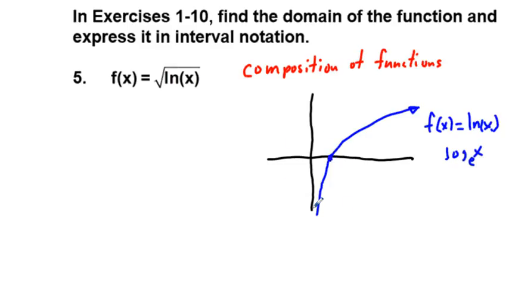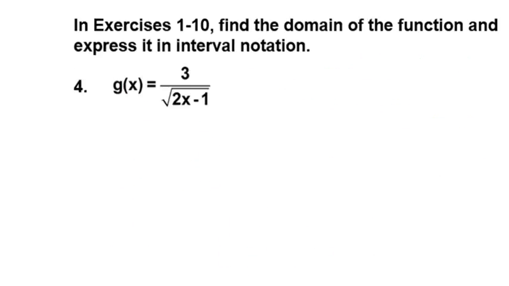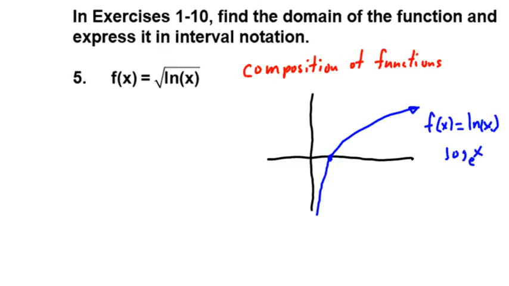And so what we're doing is we're taking the square root of this function. So what do we know about the square root? We look back at problem 3, where we say we cannot take the square root of a negative number. Remember that back from problem 3? We go to problem 5. Well, our output values, this function of the natural logarithm function is negative between 0 and 1, right?